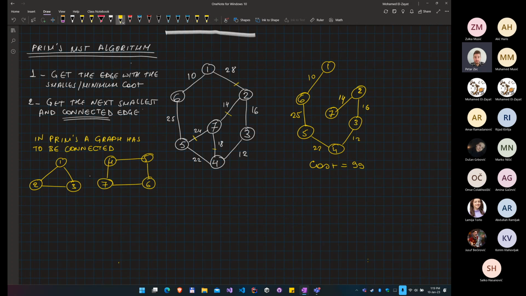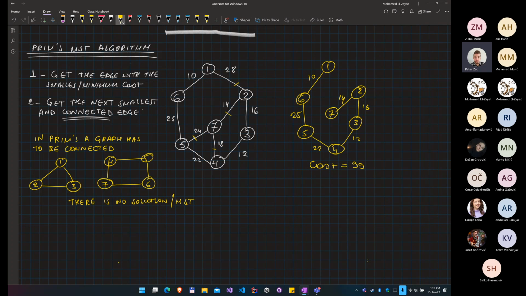Now, there is no solution for this in Prim's. There is no solution for MST in Prim's. Why? Because MST is an optimization problem, a greedy method. You need to get the minimum spanning tree.